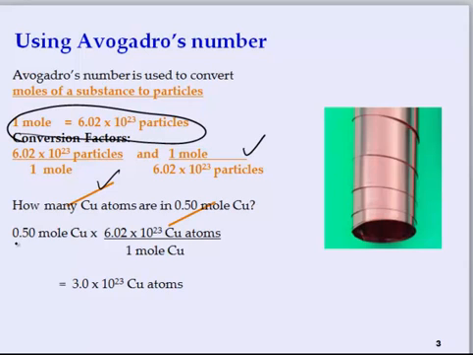So notice I've placed 0.5 mole of copper up here, and then I multiply it by my conversion factor. Again, I have many times repeated that this unit over here has to match the unit on the bottom of your conversion factors. When those two match, you cancel these out, and now you're expressing the number of atoms present in 0.5 moles of copper.